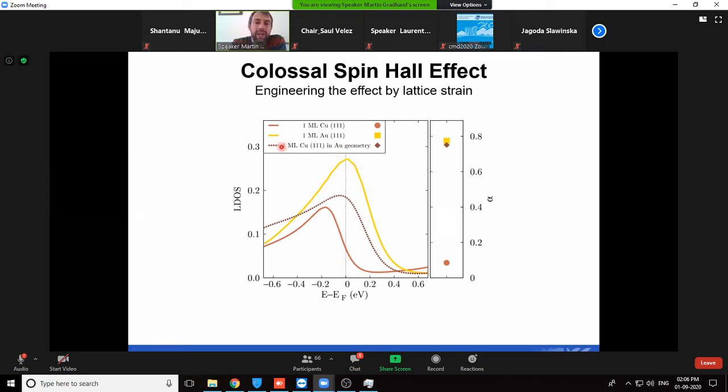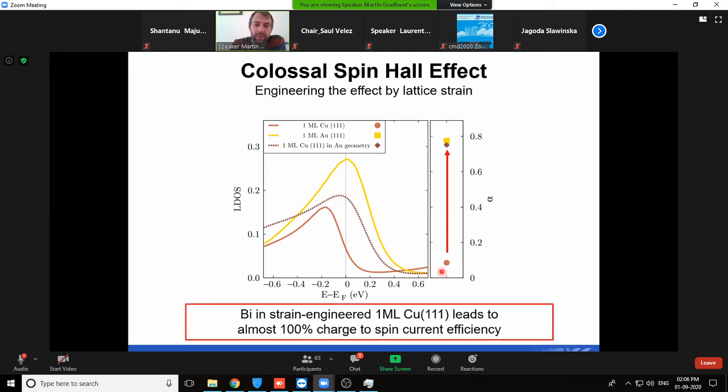And what we did then is we took a copper system but put it in the lattice constant of gold, so applied strain to the system, which moved this impurity level to the Fermi energy. And if we do that, we can actually move the low value for the bismuth impurities in copper to the same high value as for gold. So with a little bit of strain on the copper system, you can actually reach the same values as for the gold system.